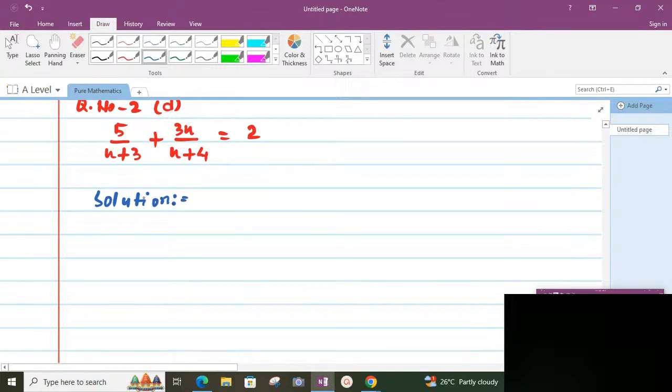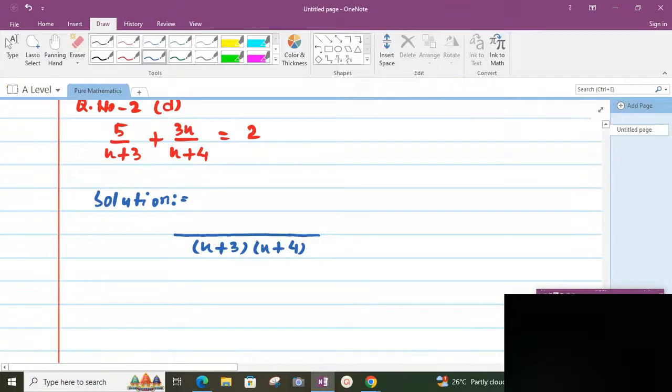The LCM of this one will be x plus 3 into x plus 4. So x plus 3 cancelled out.